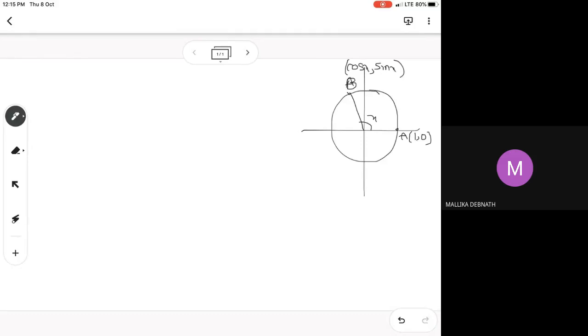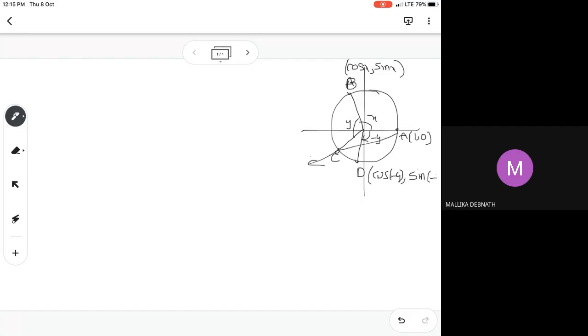And the angle y we are taking into consideration. This is a point C, and in a clockwise direction, this is minus y. So the coordinates of D are cos minus y, sin minus y. And the coordinates of C are cos x plus y. We need the length AC.